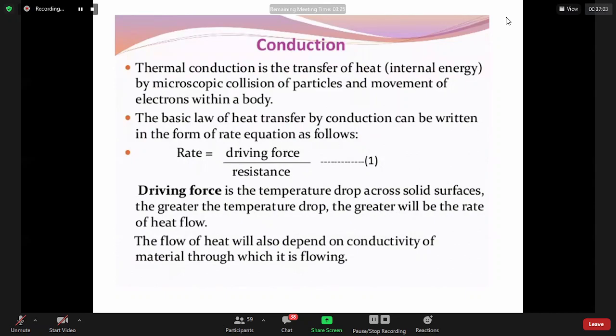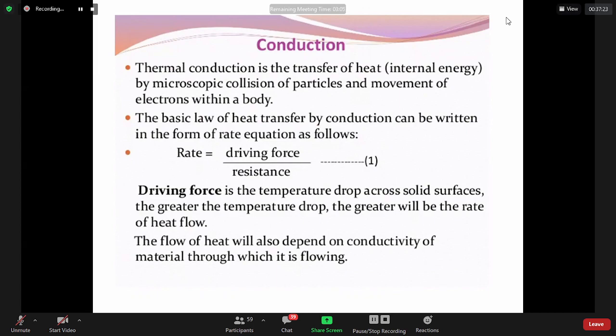So the flow of heat will also depend on the conductivity of the material through which it is flowing. The conductivity of a metallic rod is not the same as the conductivity of a wooden rod.